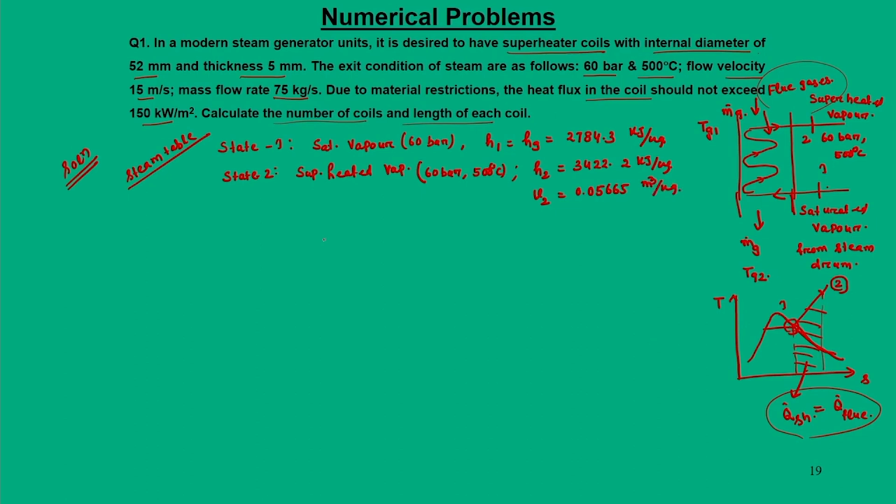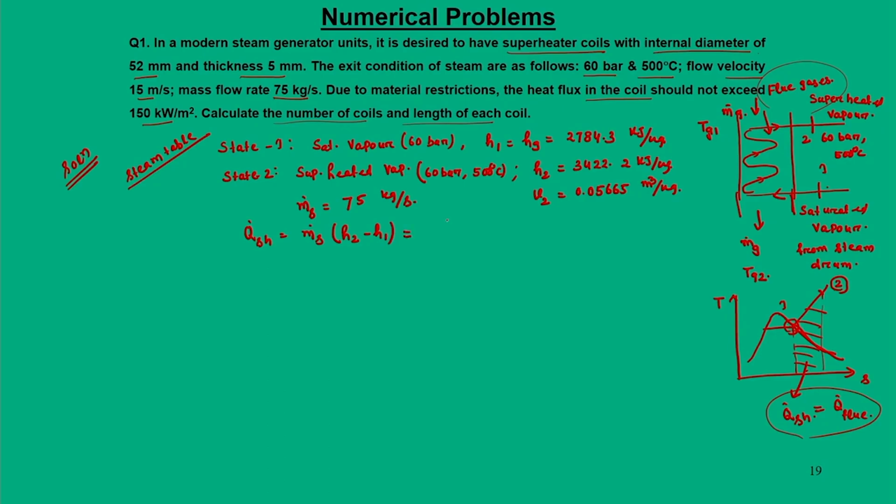Then you also know the mass flow rate of the steam, that is 75 kg per second. Then you can find out what is QSH, that is m dot s into H2 minus H1.